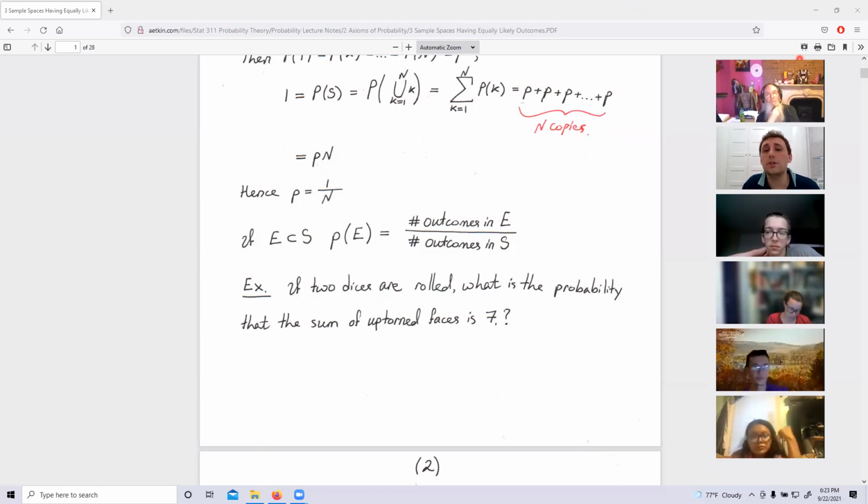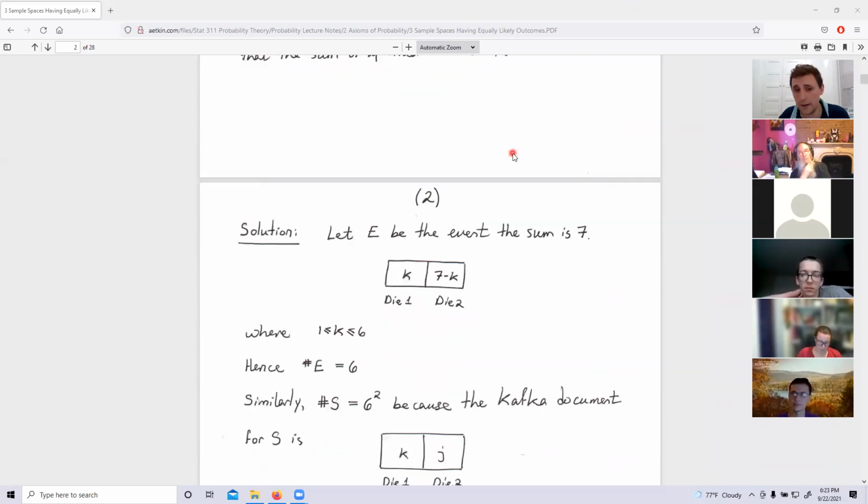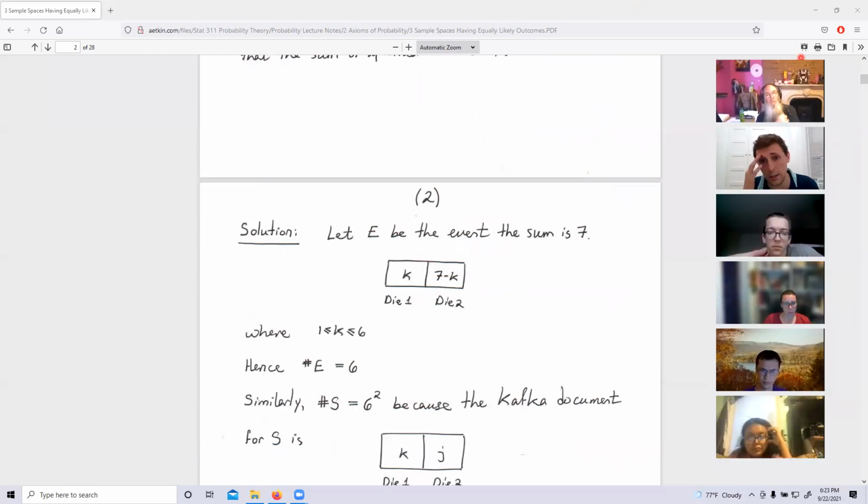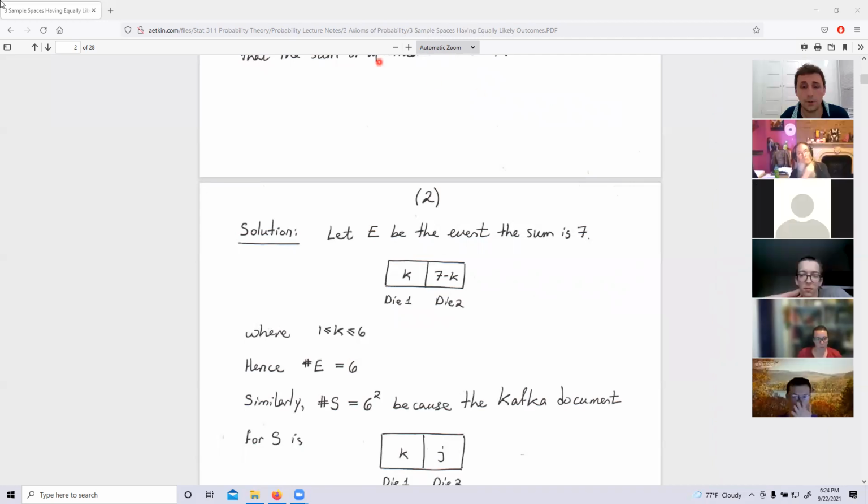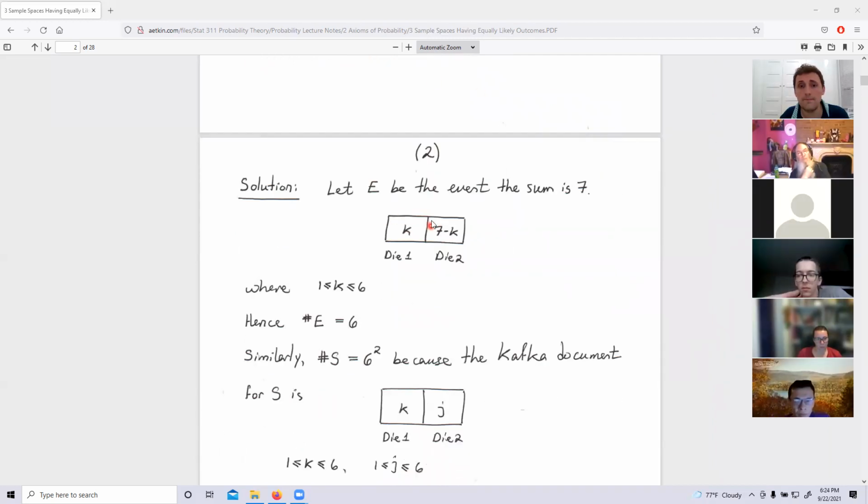Now I want the universes that give me a combined number of 7. So here is my Kafka protocol, guys. Even if the question is very simple, you want to have in your mind the protocol. So my Kafka protocol is, if the sum is 7, how do I count the events E?